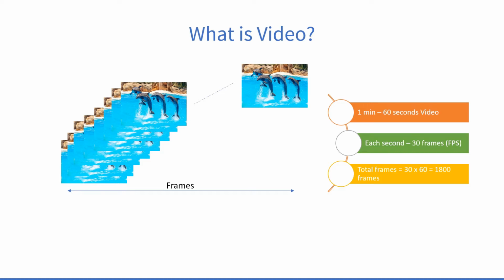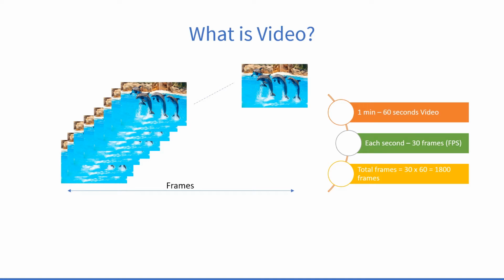So the number 30 is common in most of our videos, and if you have a slow motion video, the frame rate, they will call it FPS, number of frames per second, will be 240, and if you have a high tech ultra slow motion video, you will have 2000 frames per second.